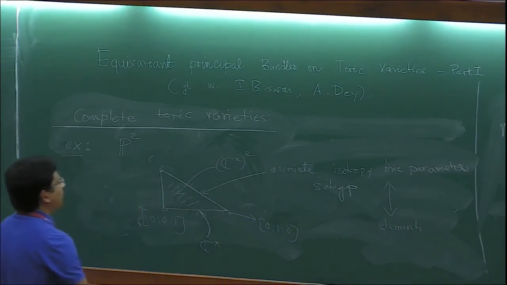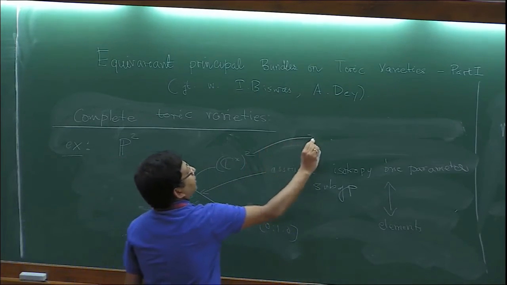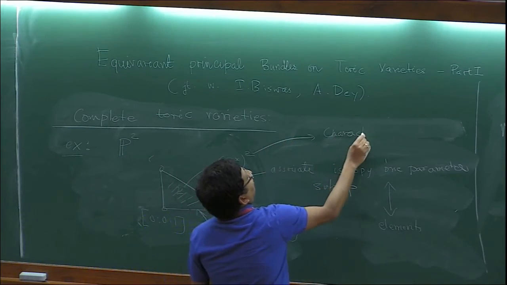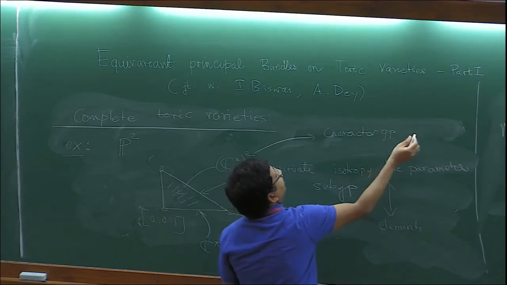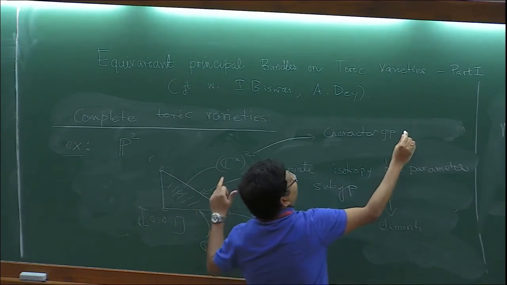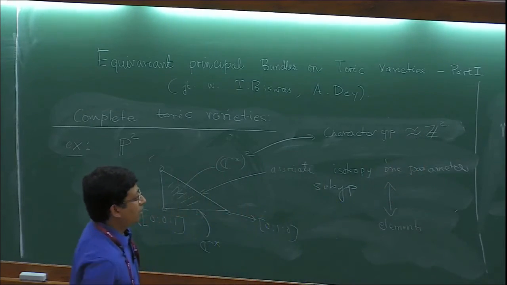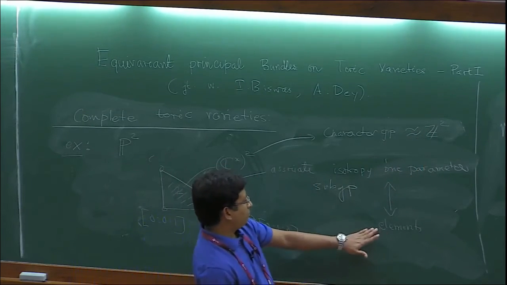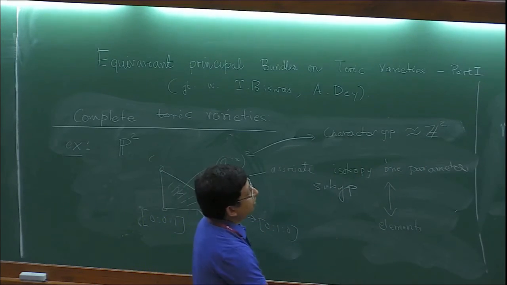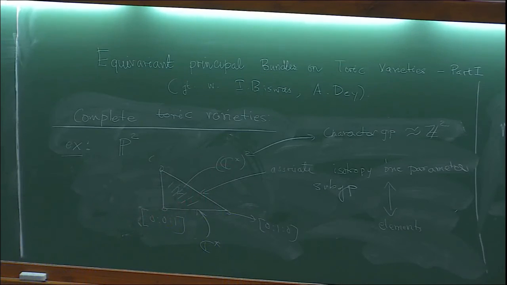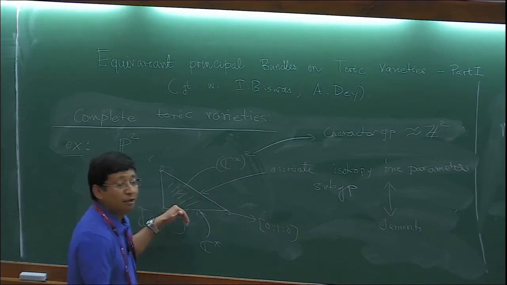Suppose this is the torus. Here you have the character group, which, in this case, for C star squared, is isomorphic to Z2. And for this isotropy 1 parameter subgroup, there is a natural pairing of functions, where you restrict functions to those subgroups.